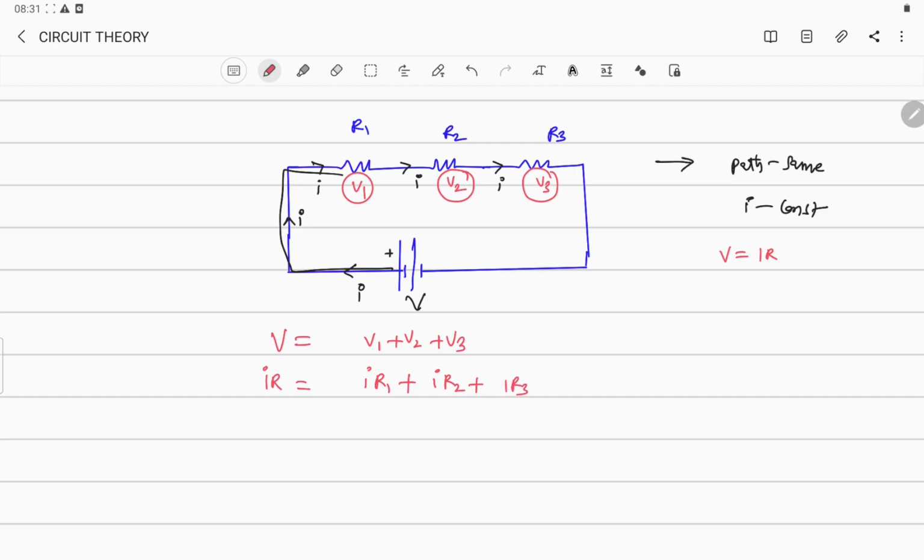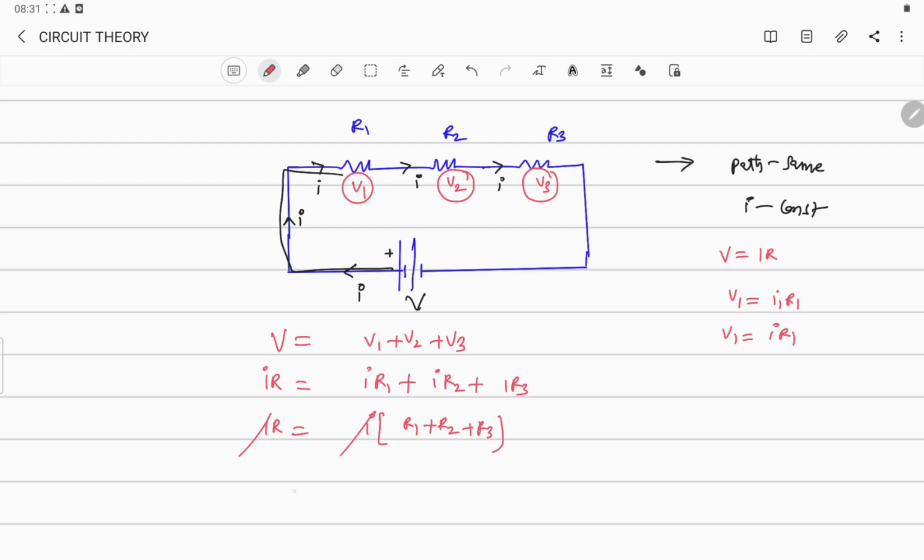Why are we taking IR1 instead of V1? Since by Ohm's law V equals IR, V1 should be written as I1 R1, but since the current is the same, instead of I1 we take I, which is coming from the battery. So from here, I R equals I, taking it common, times R1 plus R2 plus R3.